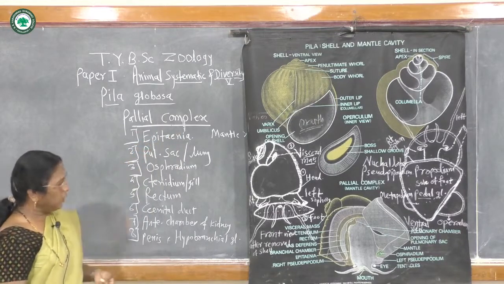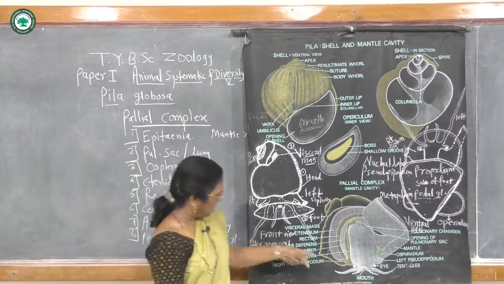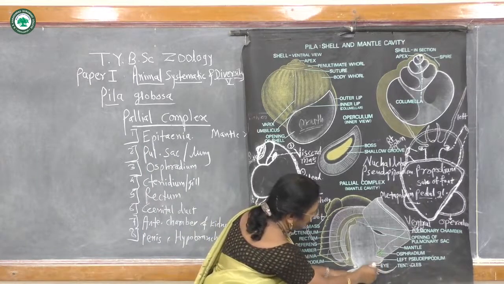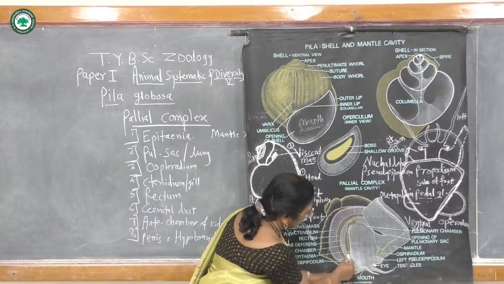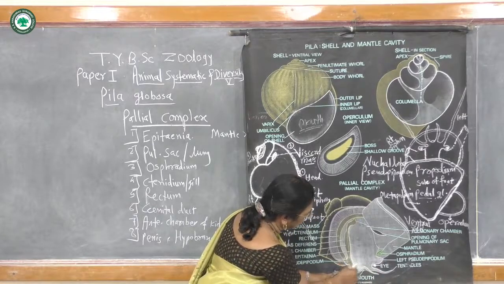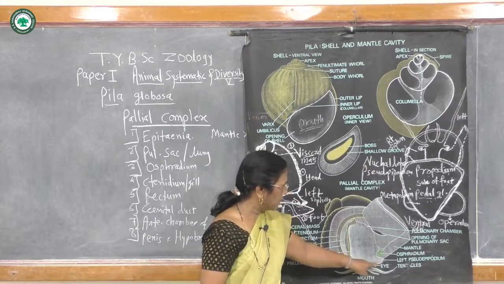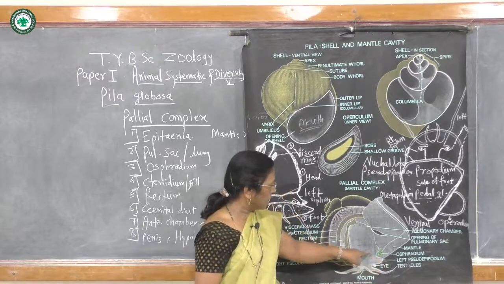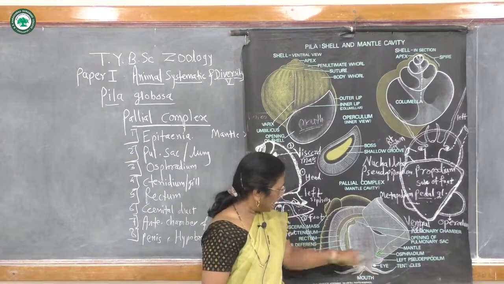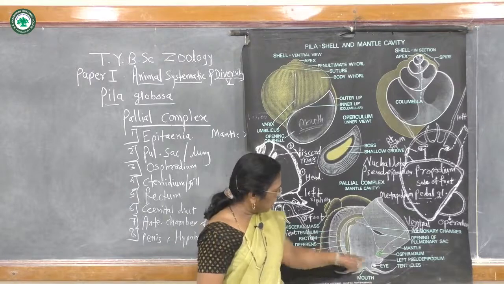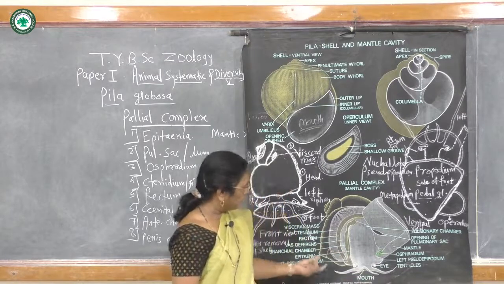First we will see epithenia. Suppose this is the left nuchal lobe, this is the right nuchal lobe which is small, and the left one which is large. Through this water enters inside and through this it goes outside. These are modifications of the mantle itself.